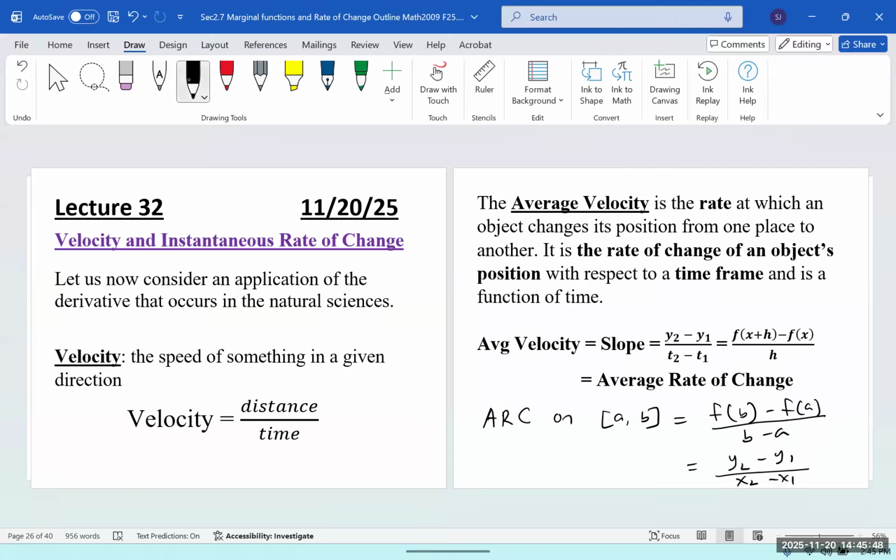So the word average tells us the slope of a line.